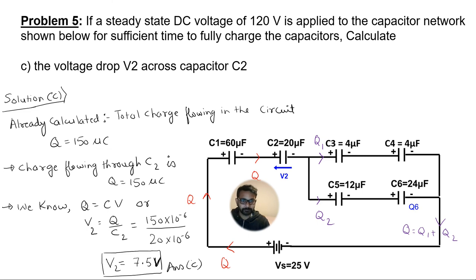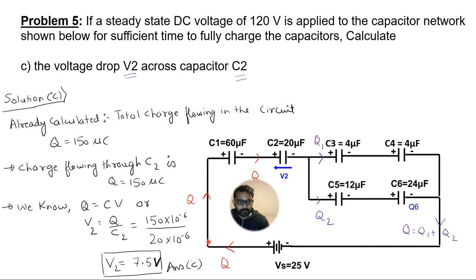Now part C. In part C, we have to calculate the voltage drop V2 across capacitor C2. For this part of the question, we will consider the given circuit, the main circuit which is given in the question. We can trace the flow of charge. Let's say charge Q starts to flow from the supply voltage.